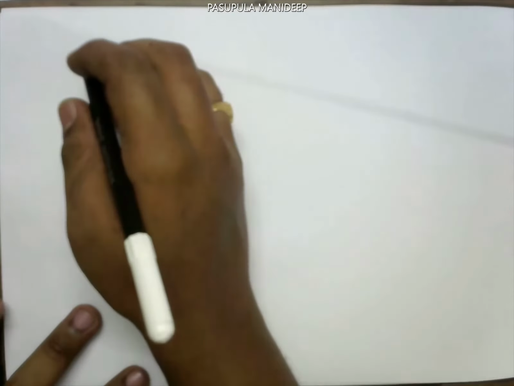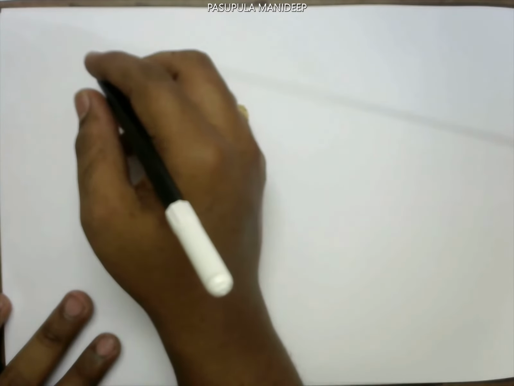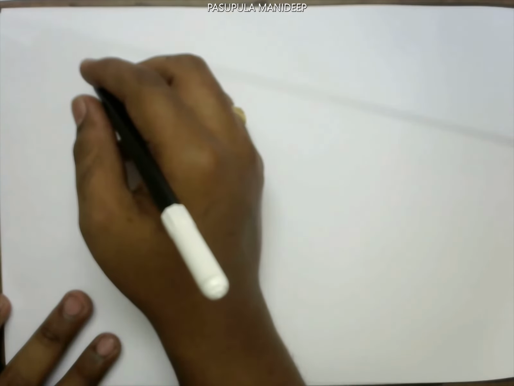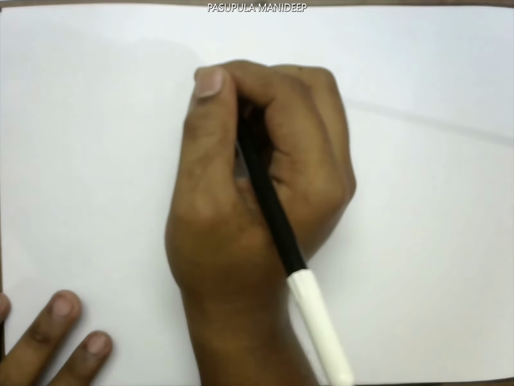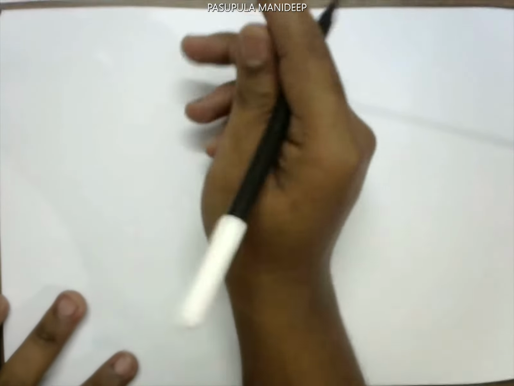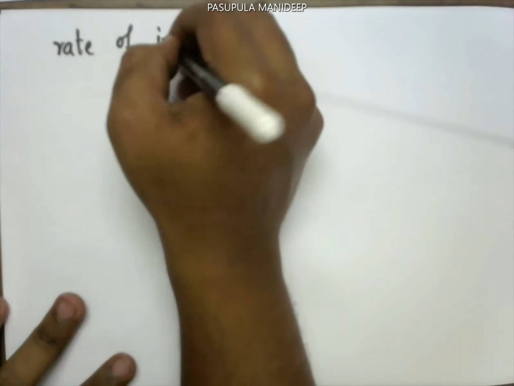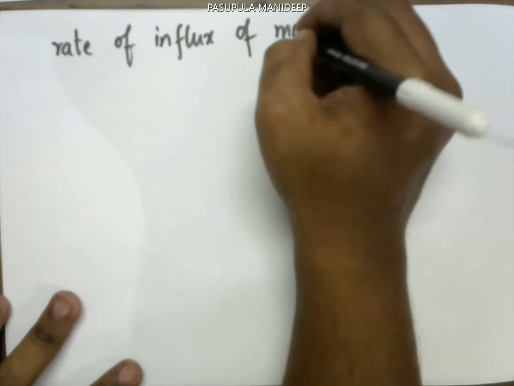We can write the net rate at which the momentum is entering the control volume through the control surface. First let us consider mass.